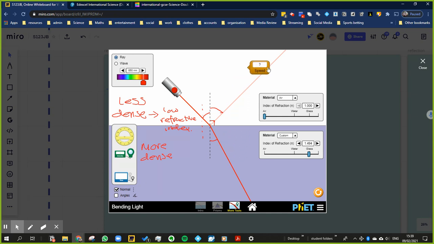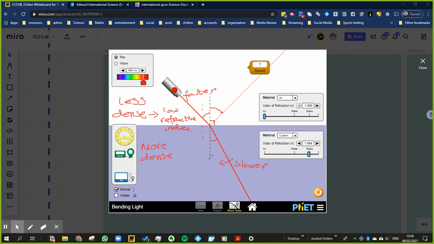So what we want to include here, we've said that it's less dense. We want to also say that it's faster, and then it's slower. Now that's actually the reason why it moves towards the normal: the fact that it slows down.